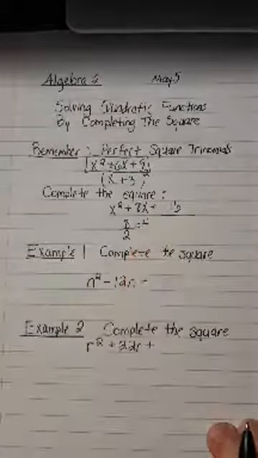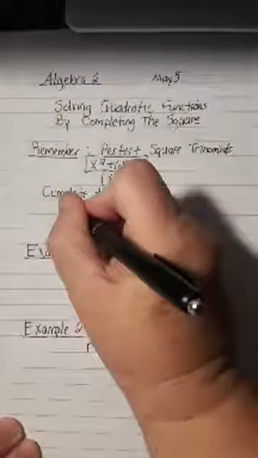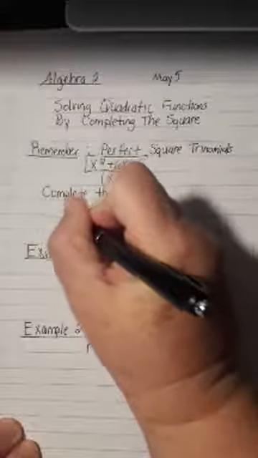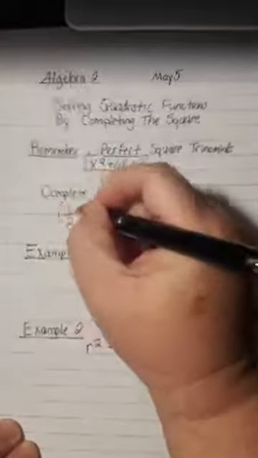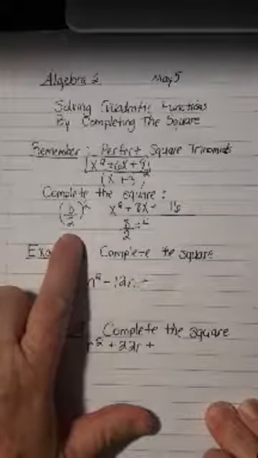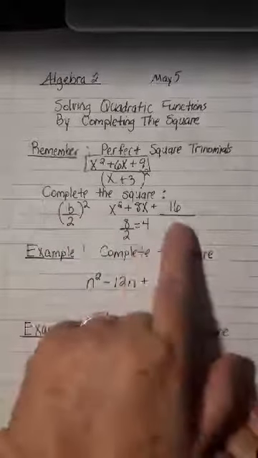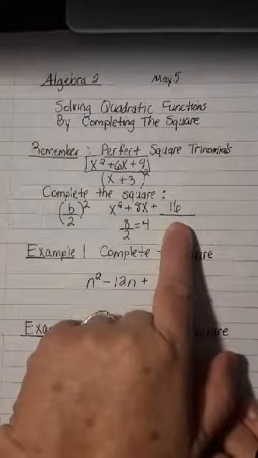So that's all you do to complete your square. In other words, you take the middle term, the b, and you half it. And then once you half it, you square it. So b divided by 2, and that answer squared, that's always what you're going to put in this blank right here when you complete your square.